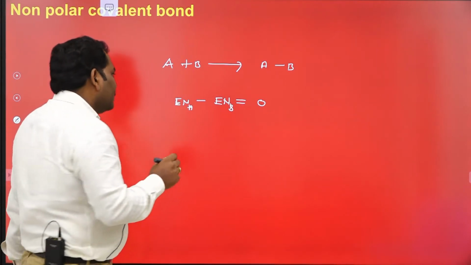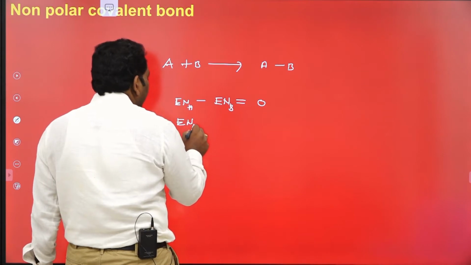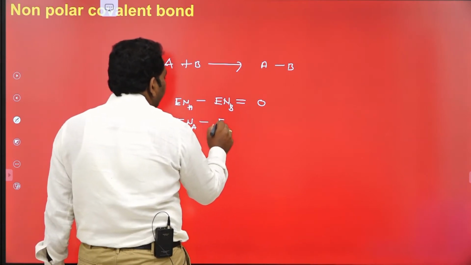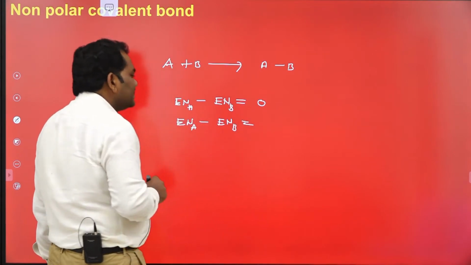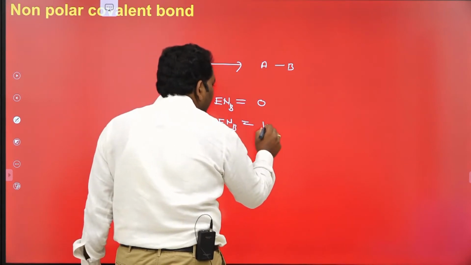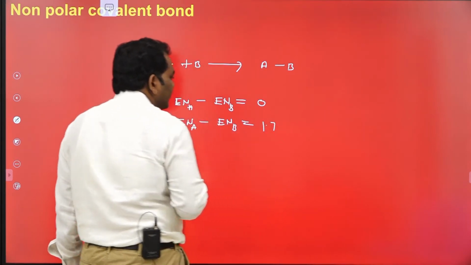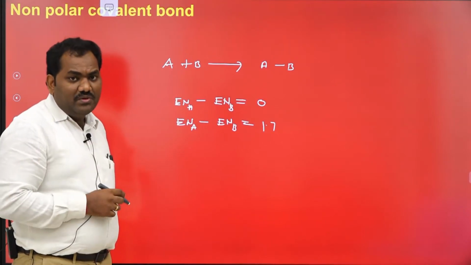If EN A minus EN B is less than 1.7 units, then it is considered a polar covalent bond.